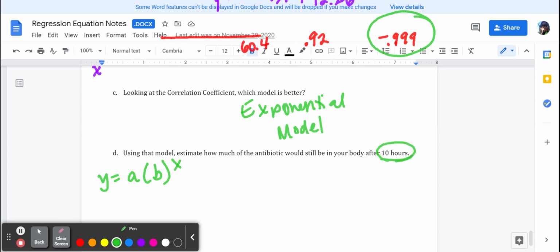So they want us to plug in 10 hours for x. So I take my values. Y would equal 60.4 times 0.92, and I raise that to a power of 10. And all you have to do here is plug that straight into your calculator.